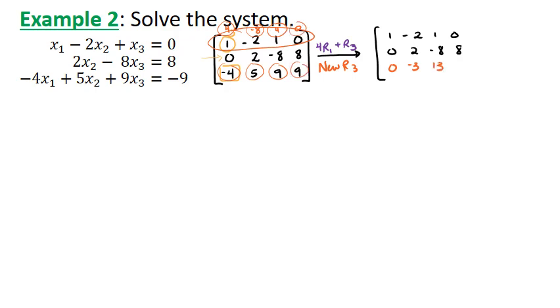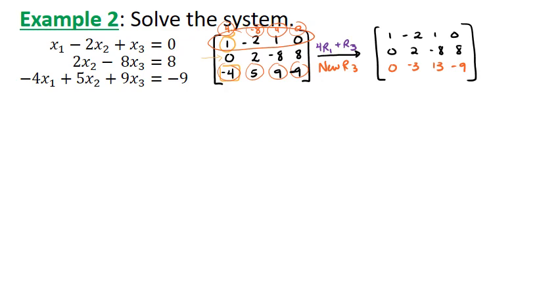And 0 plus 9 is, oh, typo. This should be a -9. I hope you caught that. 0 plus -9 is -9. See how easy it is to make mistakes? Okay, off to a great start.